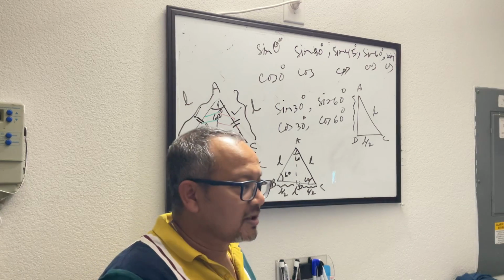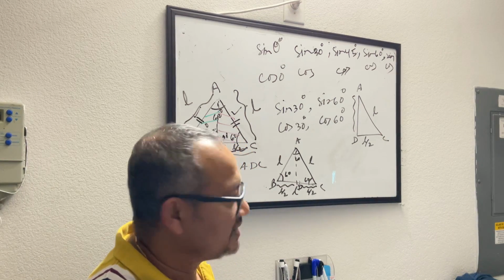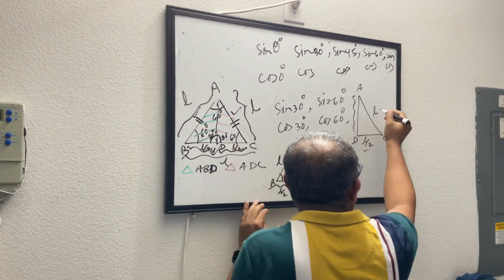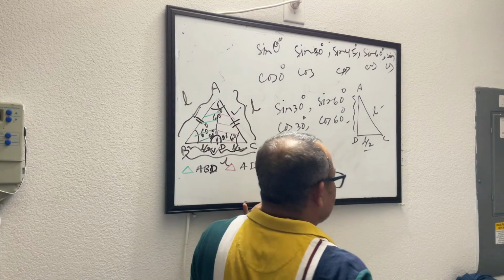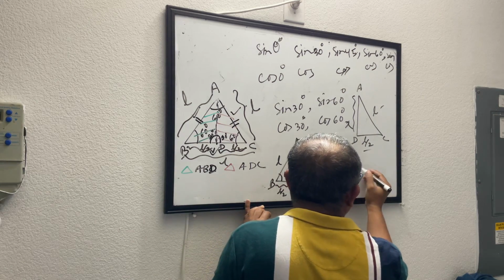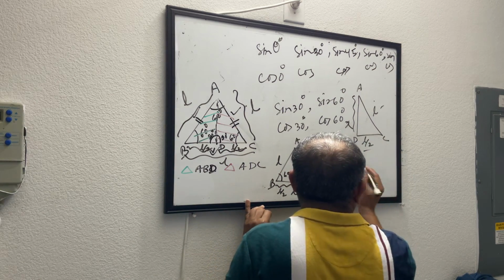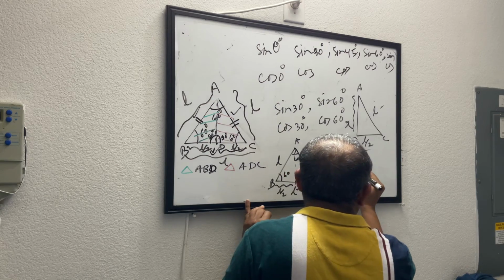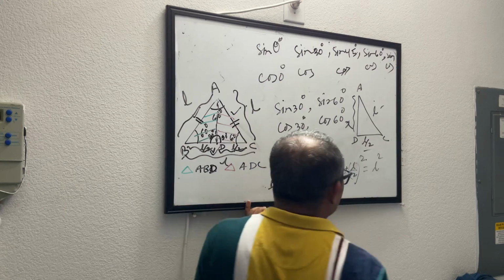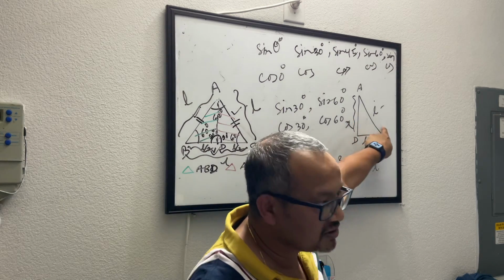But our uncle Pythagoras had given that thing. It's a right angle triangle. This square plus this square will be equal to this square. So let's say this is x. So x square plus L over 2 square will be equal to L square.